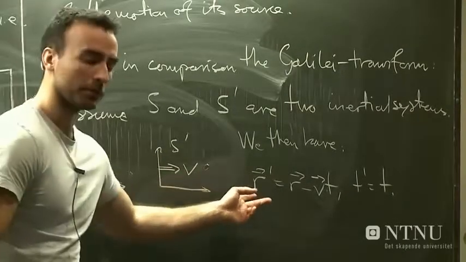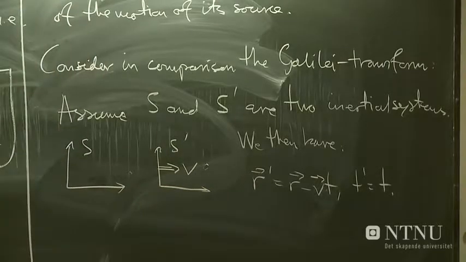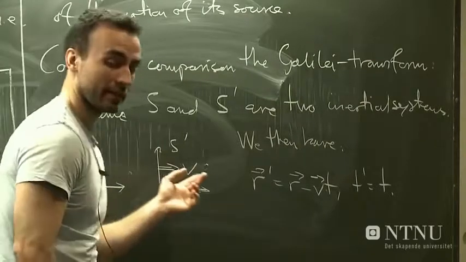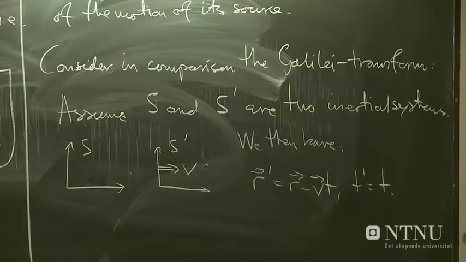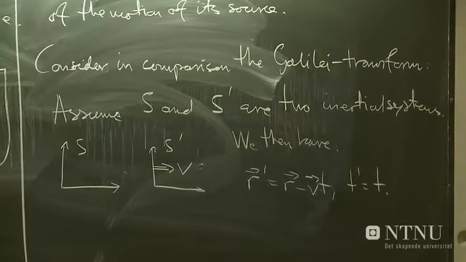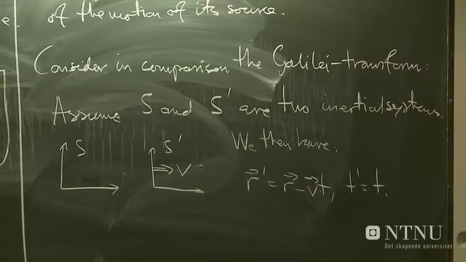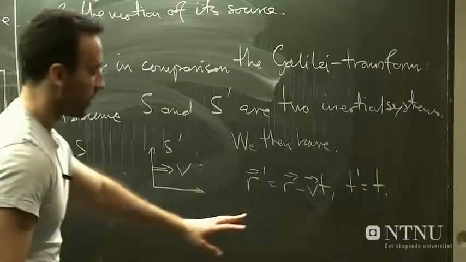So you see here that r prime is equal to r minus the velocity multiplied by time, whereas time in these two systems should be the same. An observer placed in S and S prime should experience the same time but different coordinates.